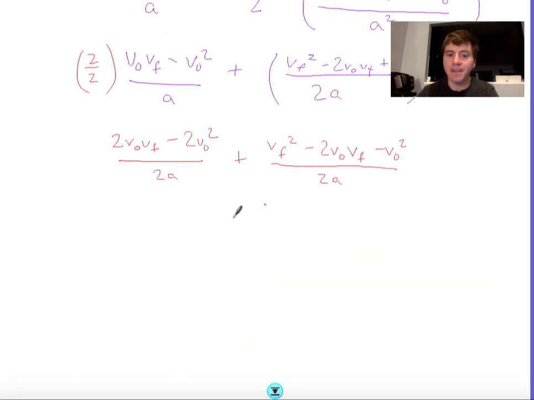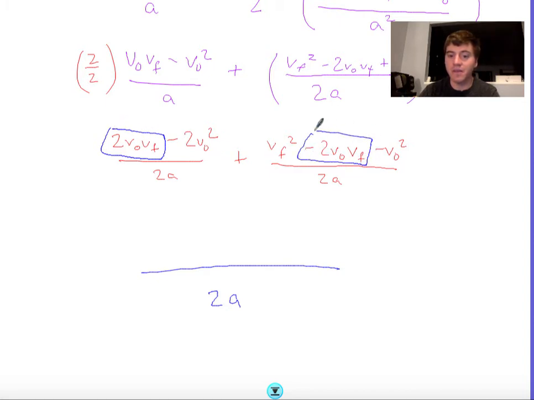Okay, now that I have a common denominator, I can add them and put them all over the same denominator. I'll put the like terms together right now. So I've got a v initial v final term here, and I've got a v initial v final term here. This is a positive 2 and a negative 2, so those are going to go away. Those cancel each other.